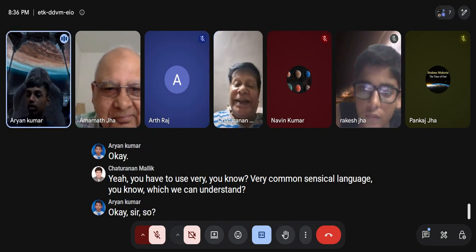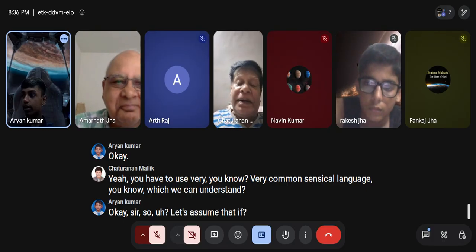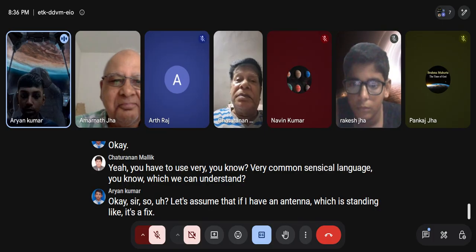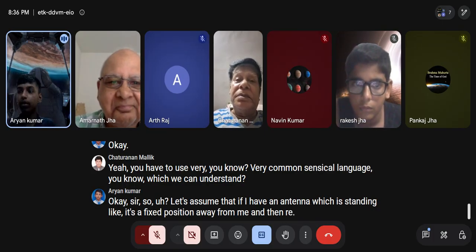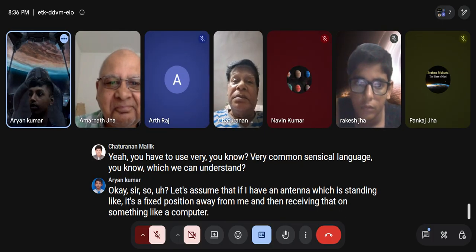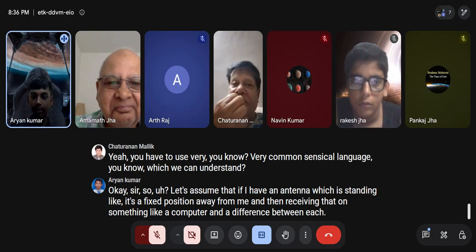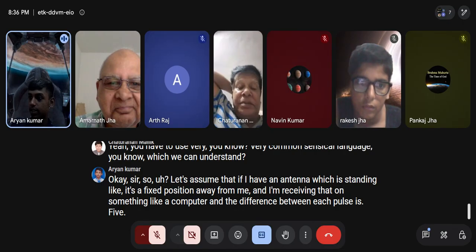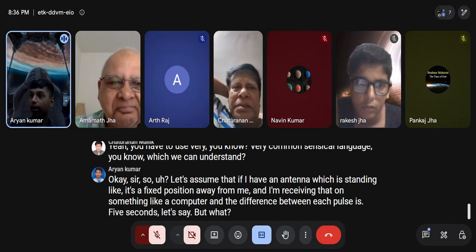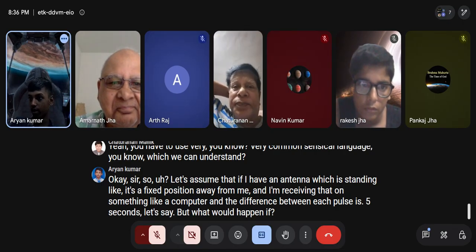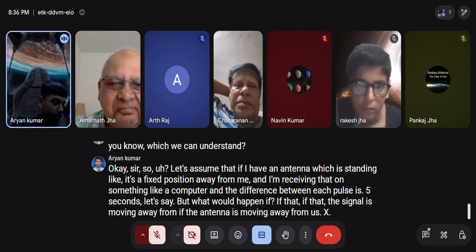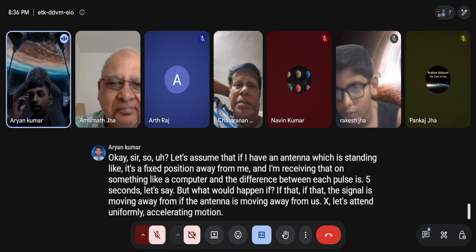Okay, sir. So, let's assume I have an antenna standing at a fixed position away from me, and I'm receiving its signal on something like a computer, and the difference between each pulse is five seconds, let's say. But what will happen if the antenna is moving away from us, like at a uniformly accelerating motion?